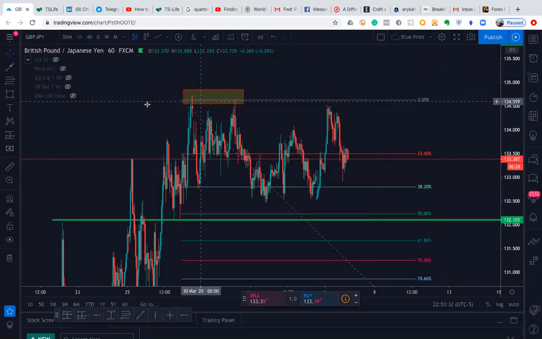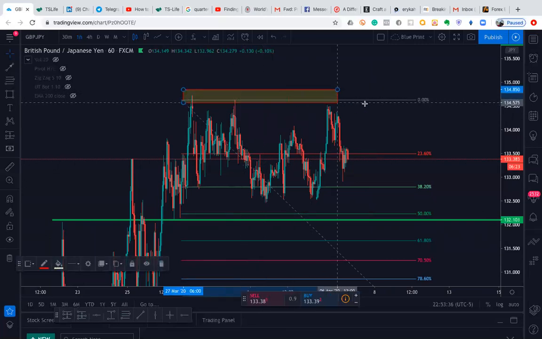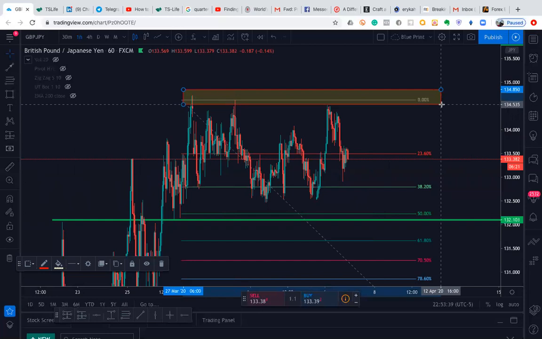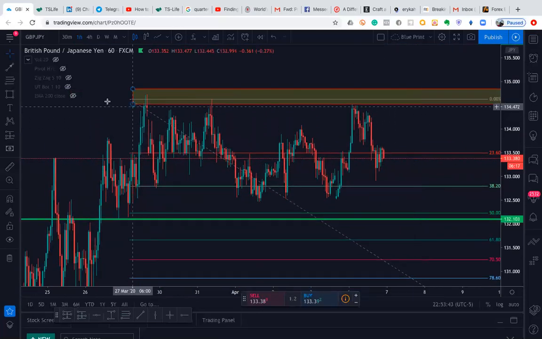What you want to do is run your line across here. You want to sit it on top of where that high breaks, gets to, stops.